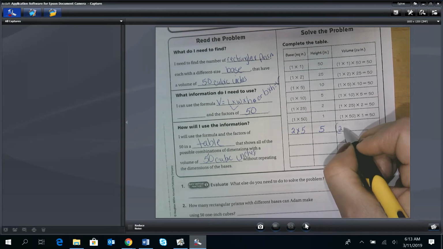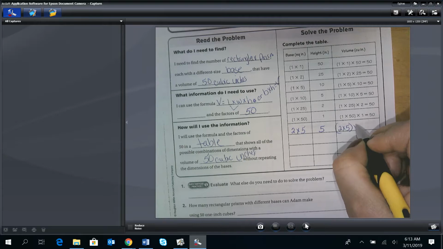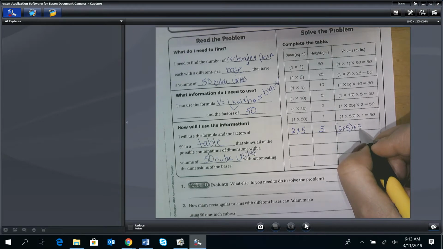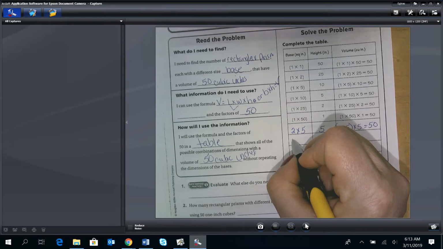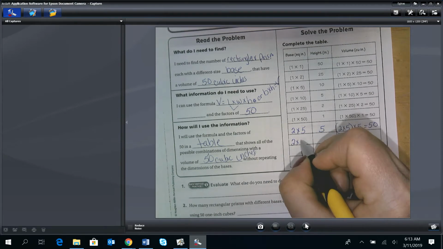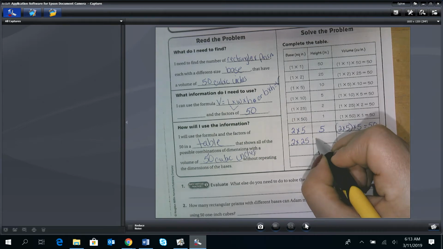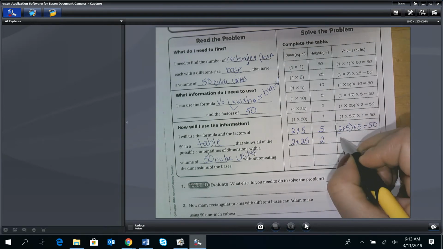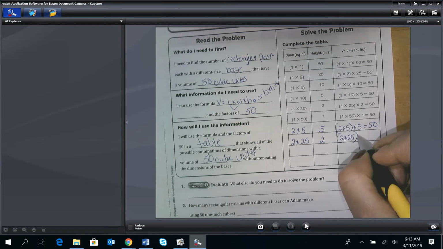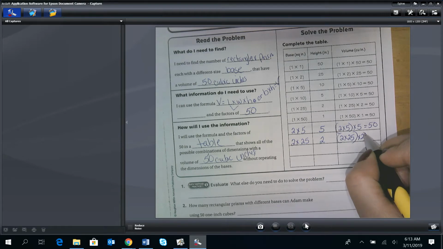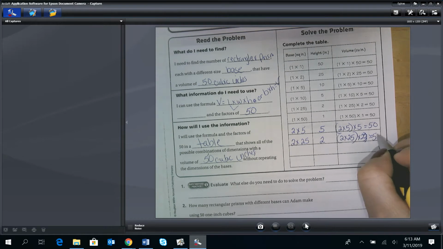So our new one is 2 times 5 times 5 equals 50. Let's see, now we could do 2 times 25 equals 50 times what? 2. So 2 times 25 times 2 equals 50.